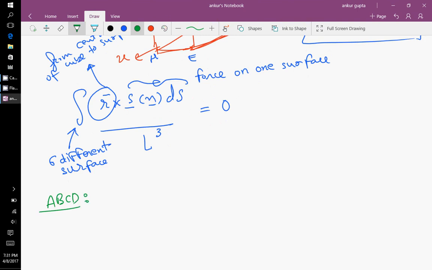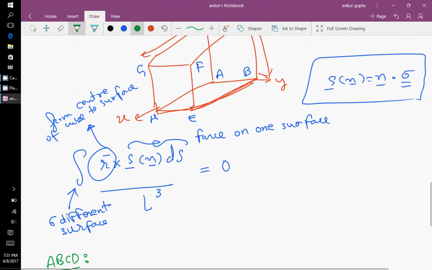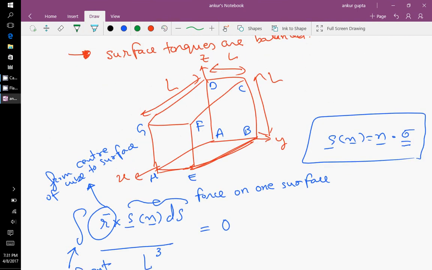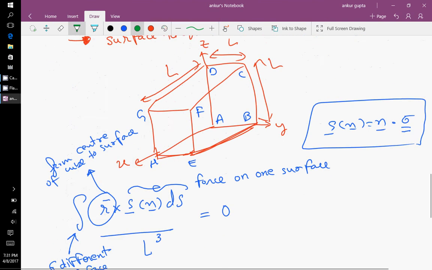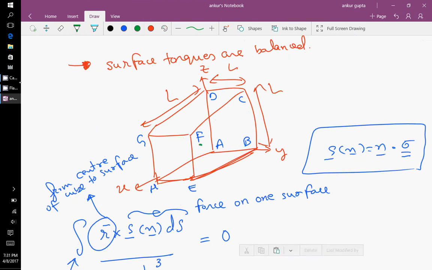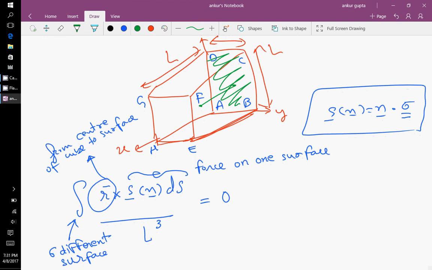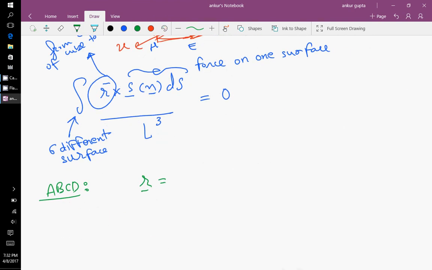Let's write this expression first for ABCD. In ABCD, the r vector from the center to this surface would have length minus L by 2, and the direction of this vector is negative x direction, right?